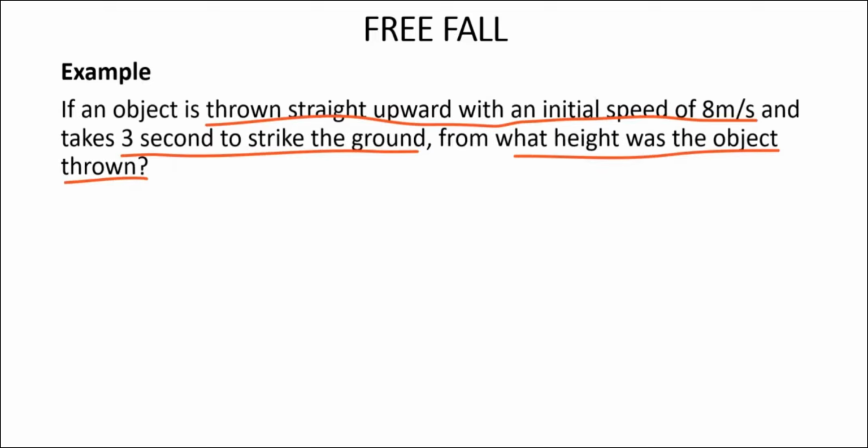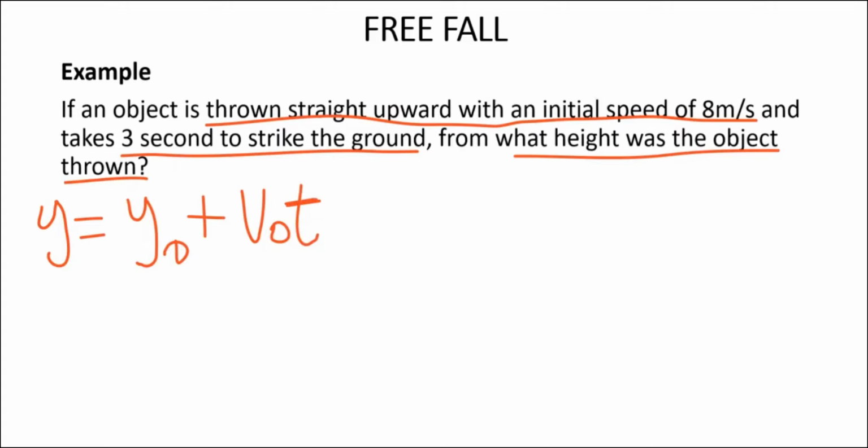We'll apply the big 5 number 3 that says y, height, is equal to initial height plus initial velocity times time plus half a t square.